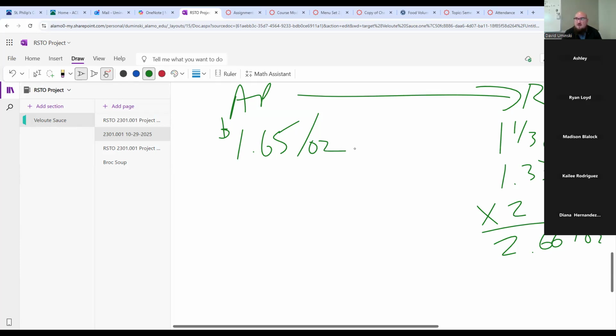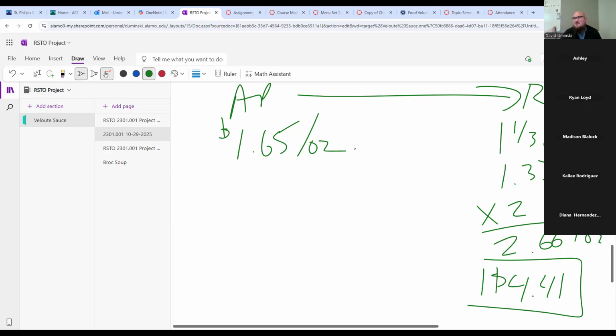Did you try that? And it came out wrong? Okay, what did you try? Oh, just 2.6? Okay. So when I do 2.667, I get $4.41. Let me check just to see 2.6. $4.29.